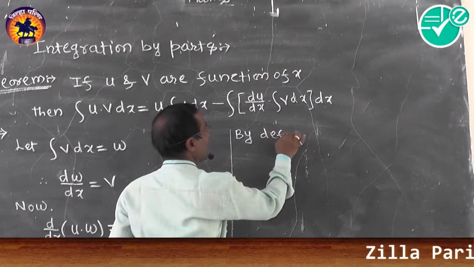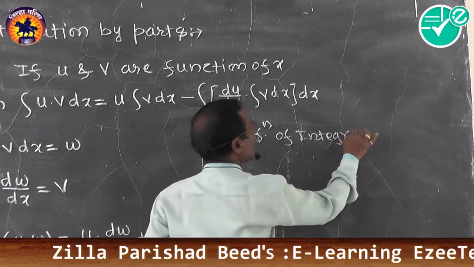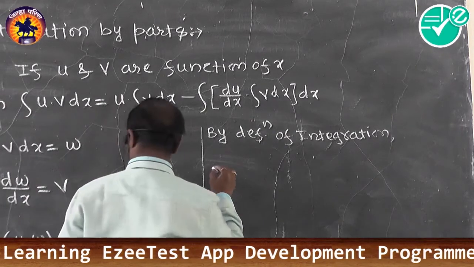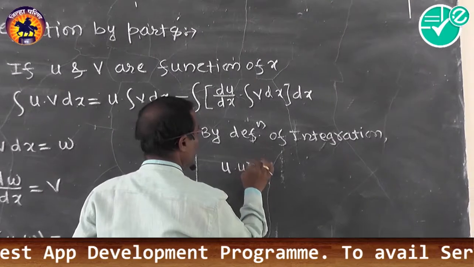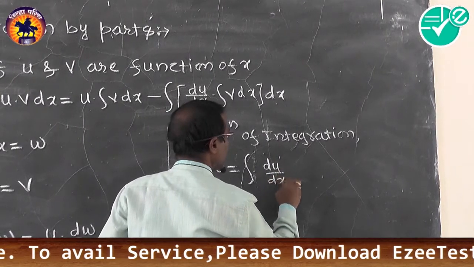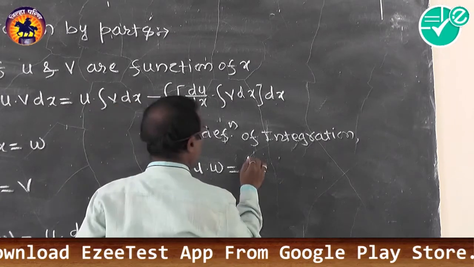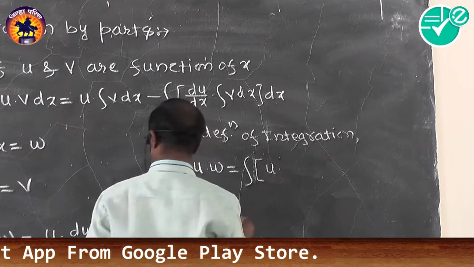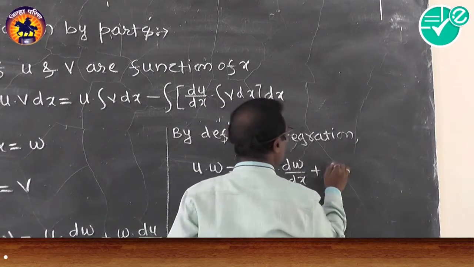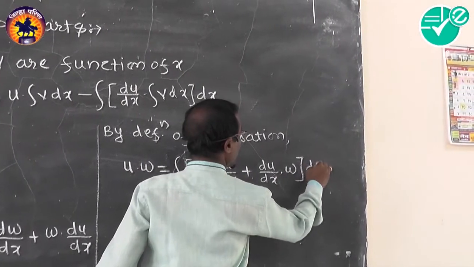by definition of integration, this can be written as u into w is equal to the integral of u into dw by dx plus du by dx into w with respect to x.